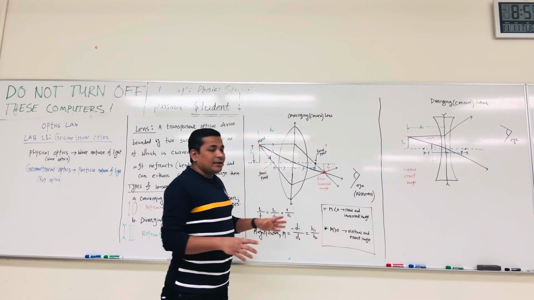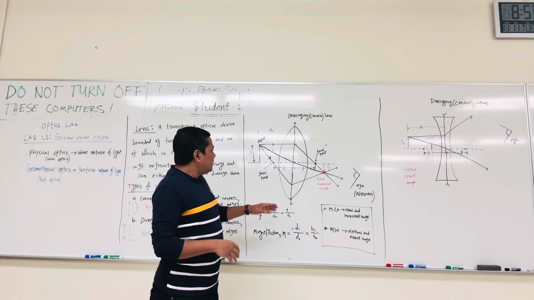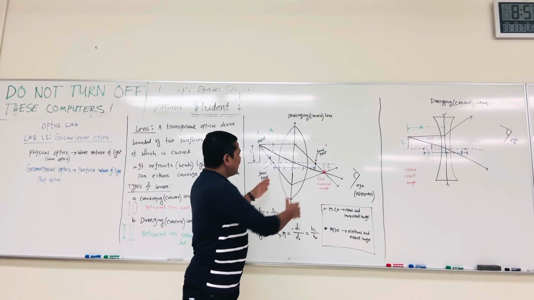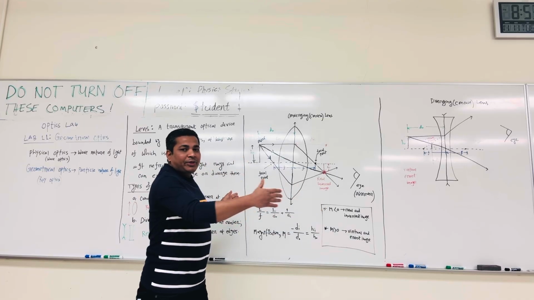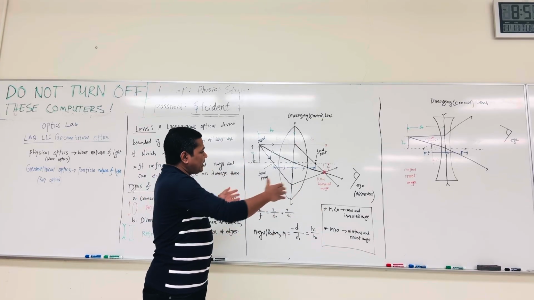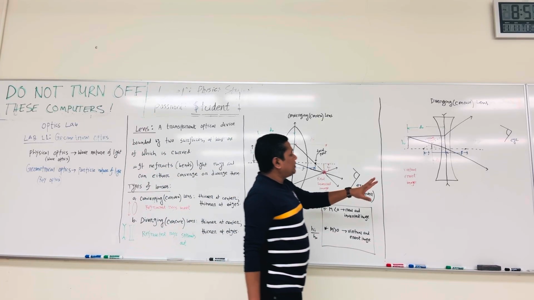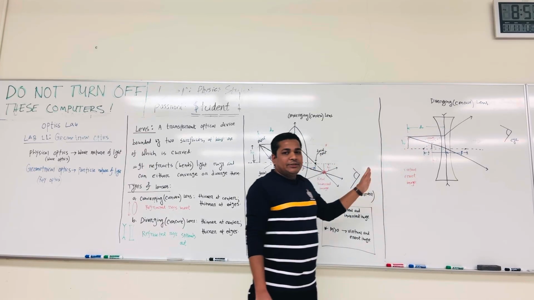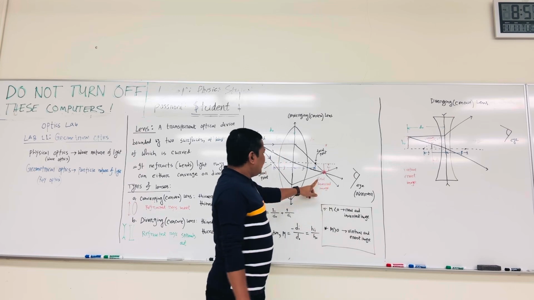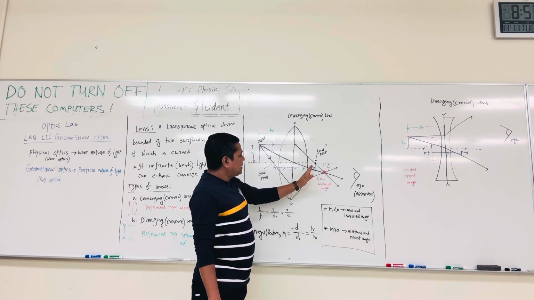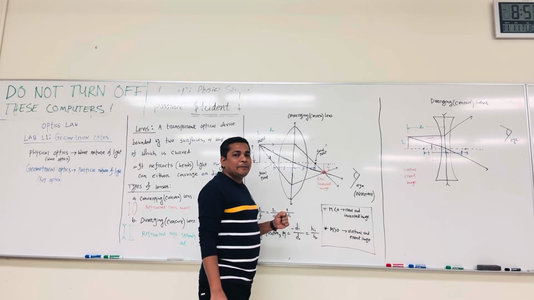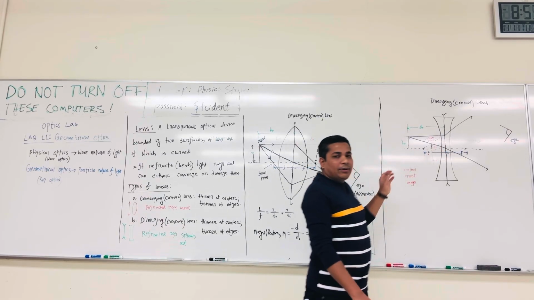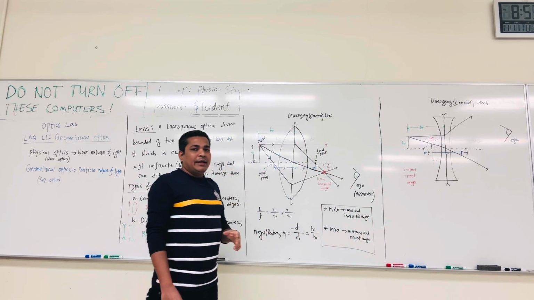Another thing you can notice is that in the case of the converging lens, the object and image are on two different sides of the lens. But in the case of the diverging lens, the object and image are on the same side. So here the image is formed behind the lens, and here the image is formed in front of the diverging lens.